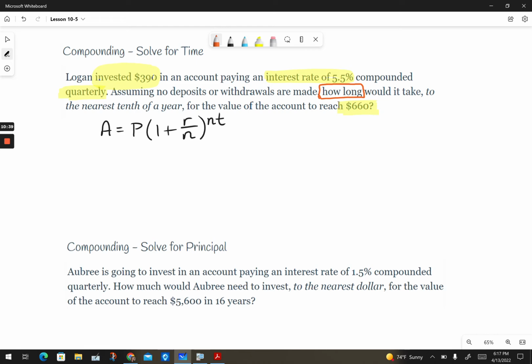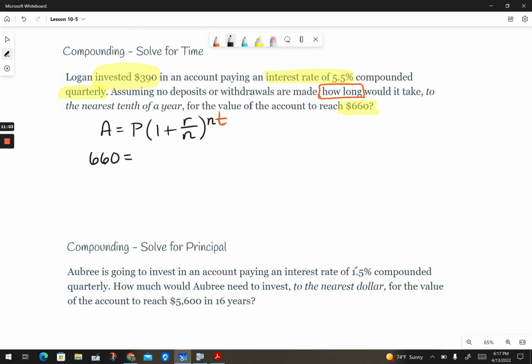So everything else that's black needs to have a number in it. Okay, so final amount. The final amount, we want it to reach $660 after our initial investment. So $660. We started off with $390. So that's our initial amount, our principal.